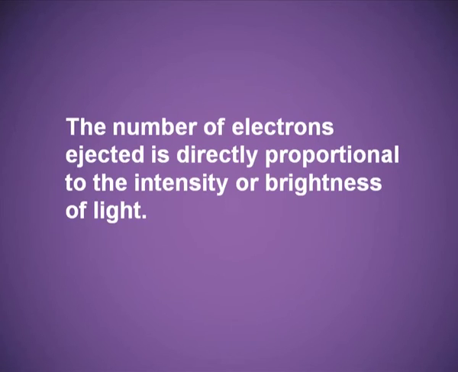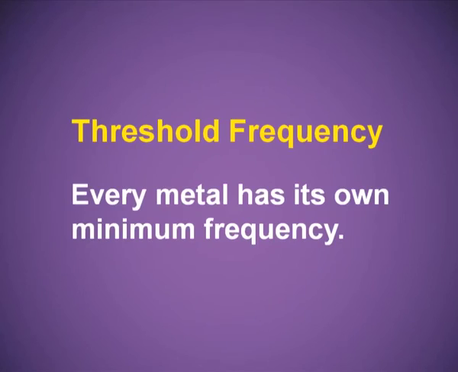Also, it was observed the number of electrons ejected is directly proportional to the intensity or the brightness of the light. More is the brightness of the light, more is the intensity of the light, more is the number of electrons ejected.